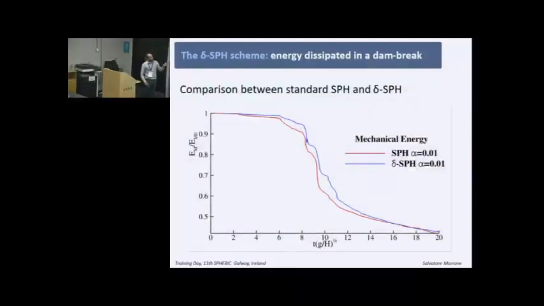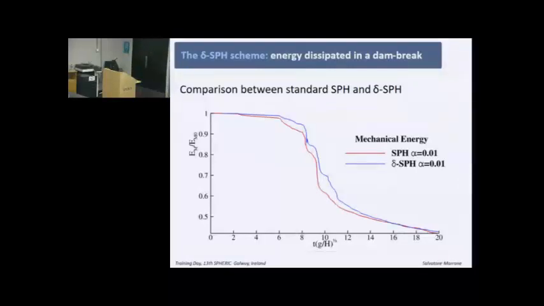An interesting thing is the comparison of the mechanical energy between the standard SPH and the Delta-SPH. Because we added the diffusive term in the Delta-SPH, we suppose it is more diffusive than the standard. And actually it's not.